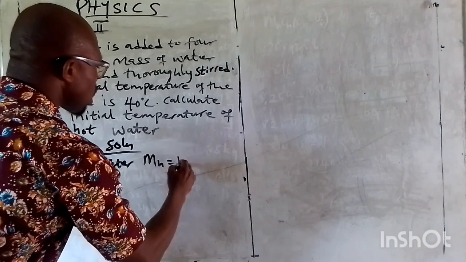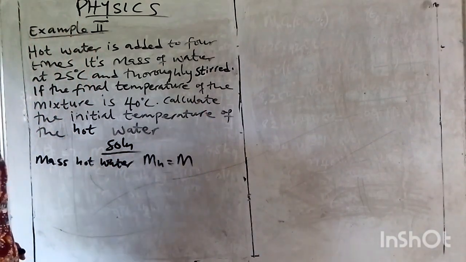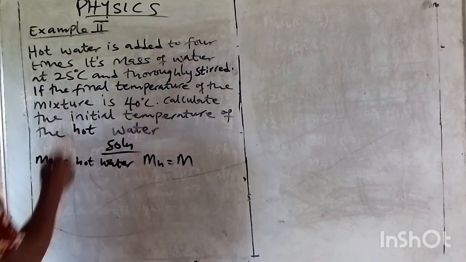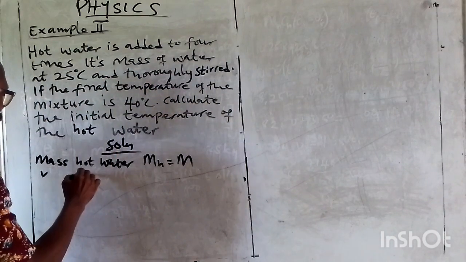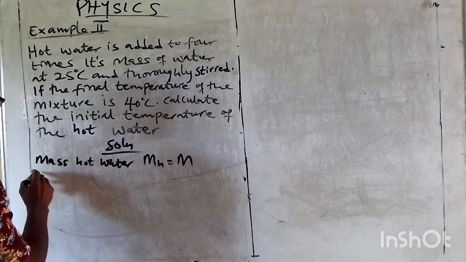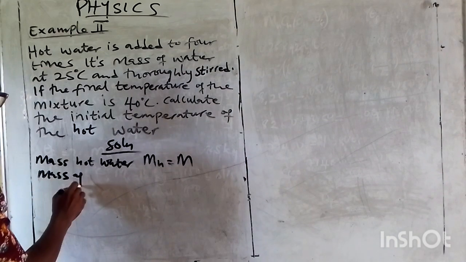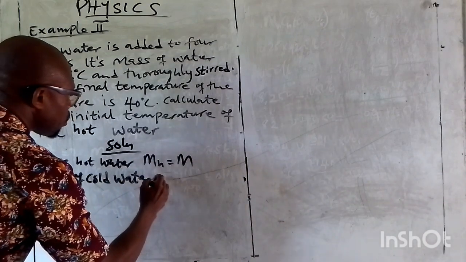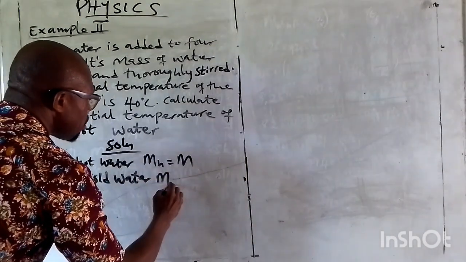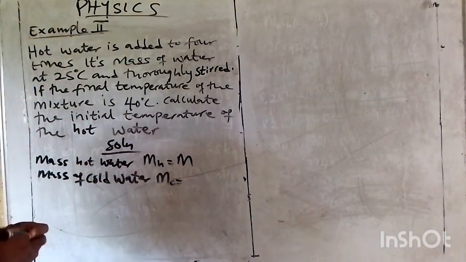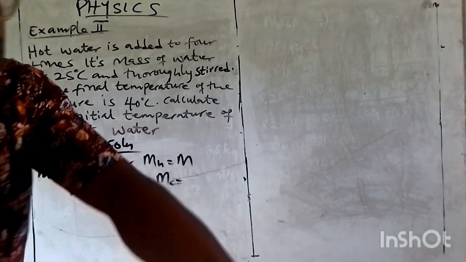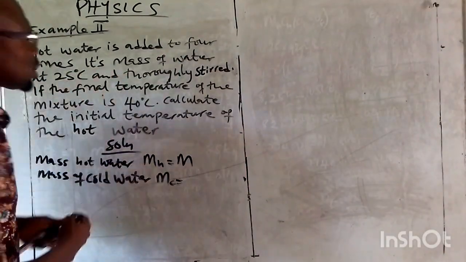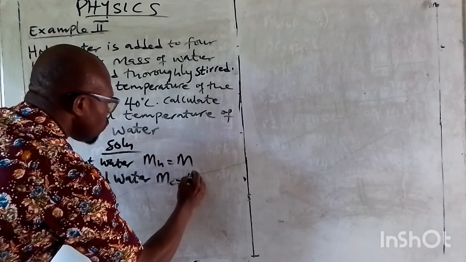Since it's not given, we can say let it be M. Mass of cold water, which is MC. We can have MC to be, since they say 4 times the hot water, 4M.